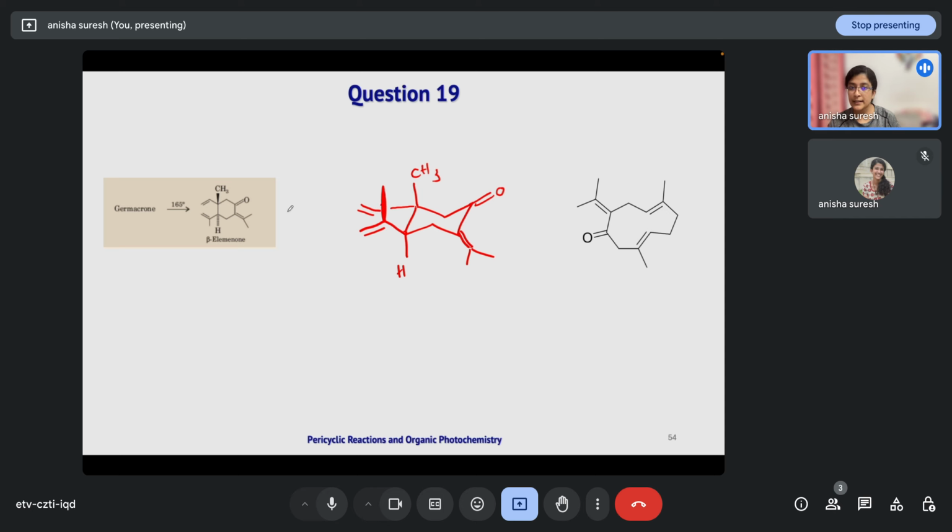Now this is the 3,3 sigmatropic rearrangement undergoing system, and it can be numbered like this: 3 2 1 1 2 3, and it will undergo a 3,3 sigmatropic rearrangement resulting in the formation of, so this CH3 will remain as it is, double bond, double bond, this hydrogen also remaining as it is, and here a double bond is forming.